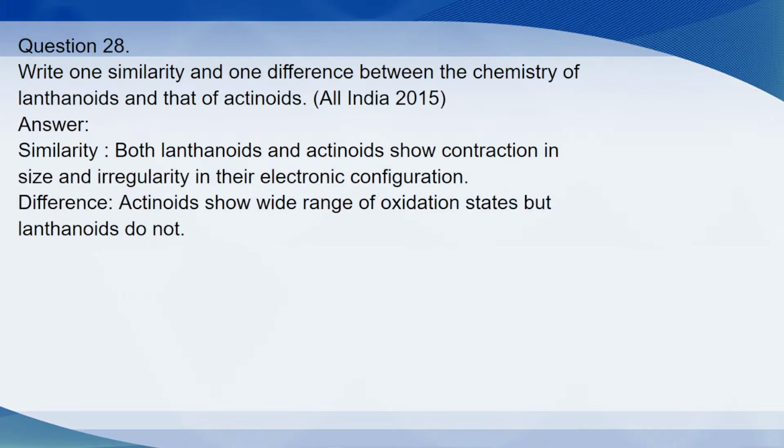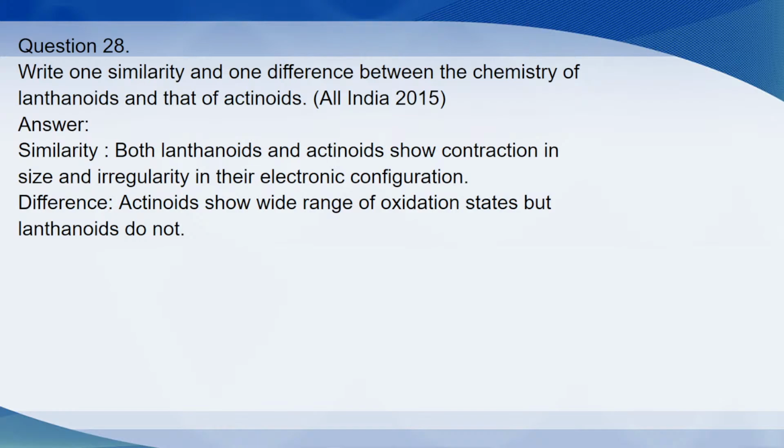Write one similarity and one difference between the chemistry of lanthanoids and that of actinoids. So the similarity is that both lanthanoids and actinoids show contraction in size as well as irregularity in their electronic configuration.